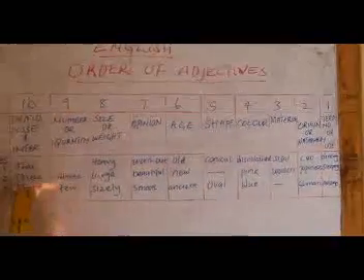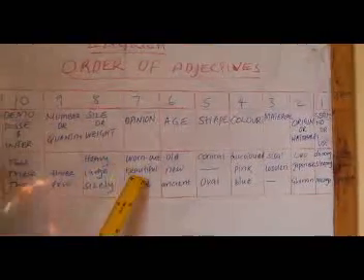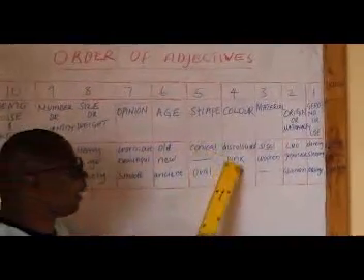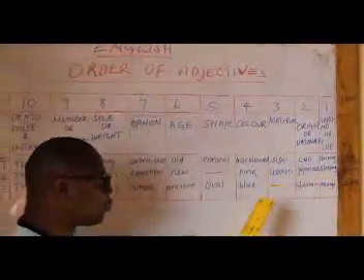So we shall have the sentence reading this way: these 3 large, beautiful, new, pink, woolen, Japanese sleeping gowns.